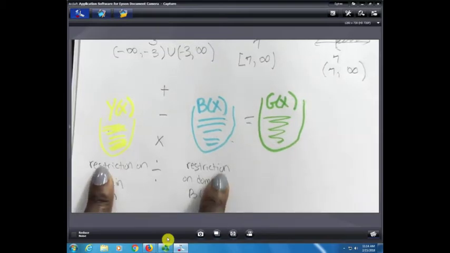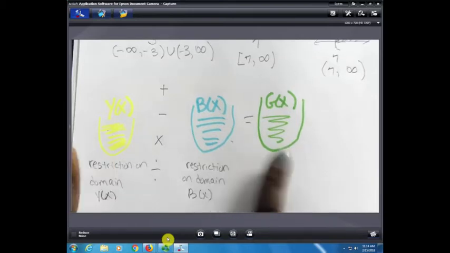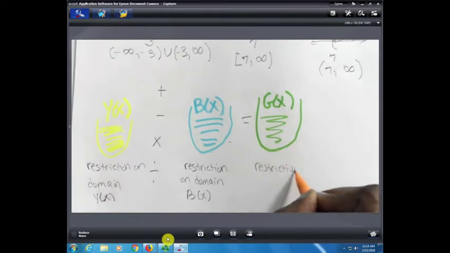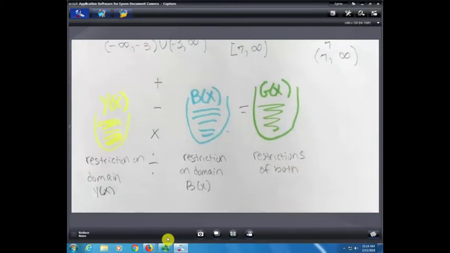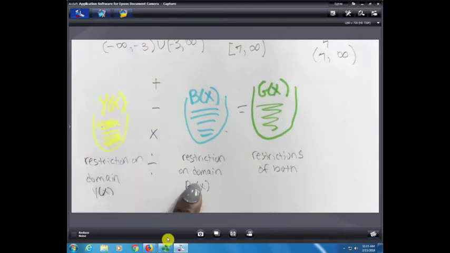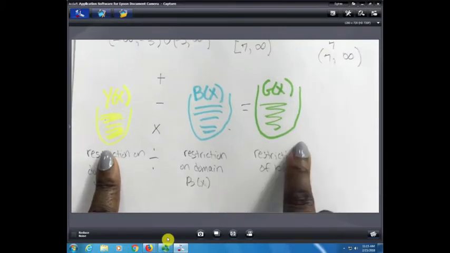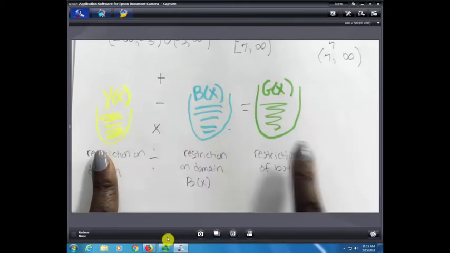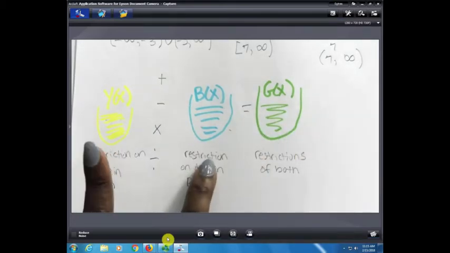So if I have a restriction here and a restriction here, this g of x function, you need to take into account the restrictions of both. Because if I started out with a restriction here and a restriction here, when I made a new function, those restrictions don't disappear. They just become involved with the new function. So again, later on when we start combining these functions, we'll have to state what the domain is of the new function, which would be in consideration of the first two.